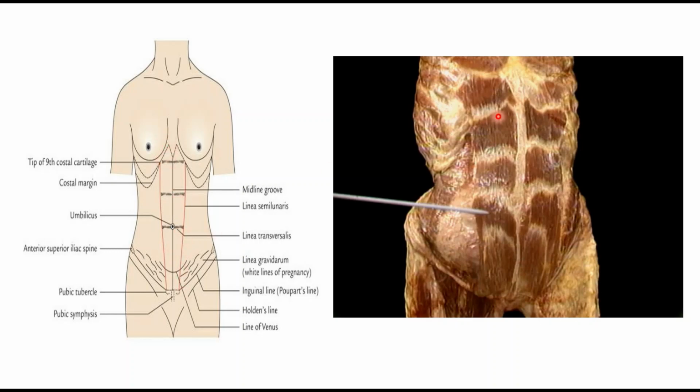What you can see here is the rectus abdominis muscle, which is the muscle which gives you 6 packs. The lateral margin of this muscle is called linea semilunaris. This is an imaginary line. The lateral margin formed by the rectus abdominis muscle is called linea semilunaris, and the medial border in which 2 muscles meet is called linea alba.